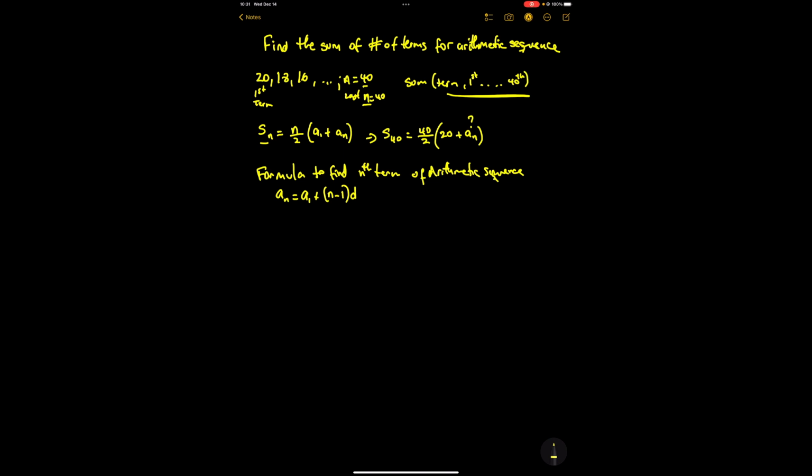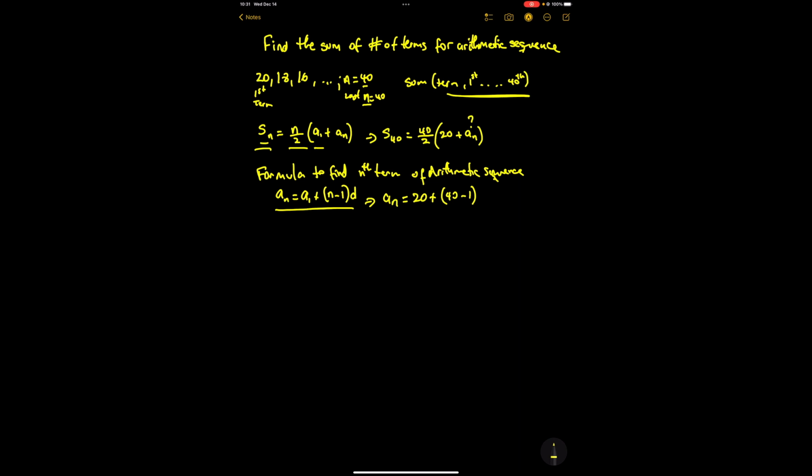So we have Sn, which is S of 40. We have n over 2, which is 40 over 2. We have A1, which is 20, but we don't have AN. So now we need to look for AN, and we have to use this formula. So AN equals A1, which is 20, plus n, which is 40, minus 1, times the difference.